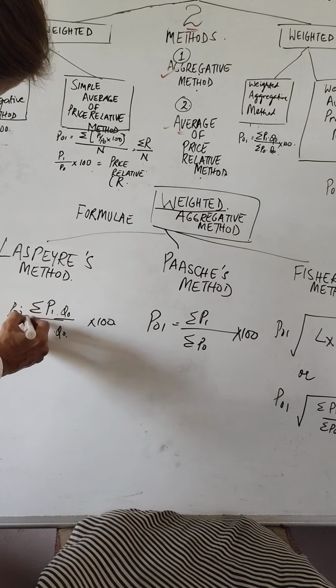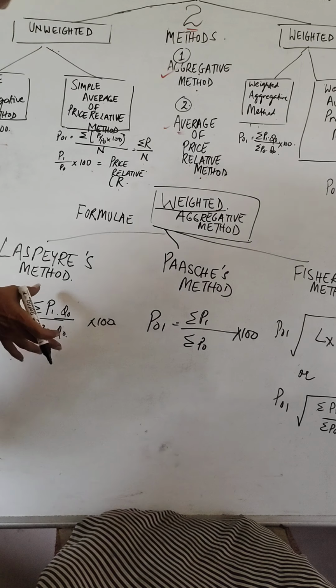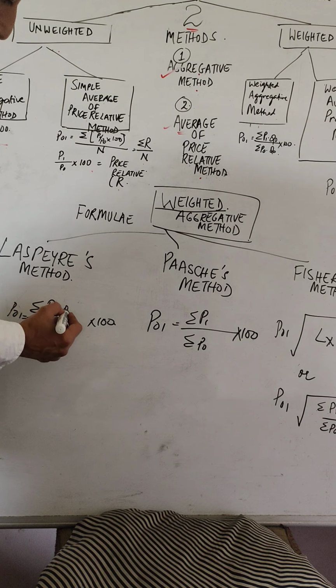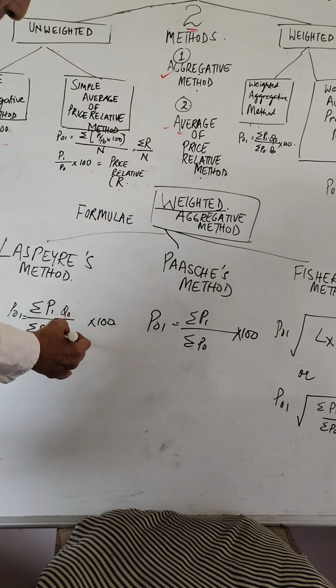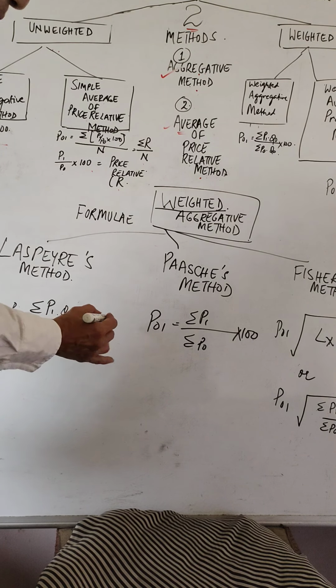P01 is equal to sigma P1 Q0 over sigma P0 Q0 into 100. This much you know, right? It is the simple aggregative method. You want to give it weight, so we give the quantity consumed in the base year.